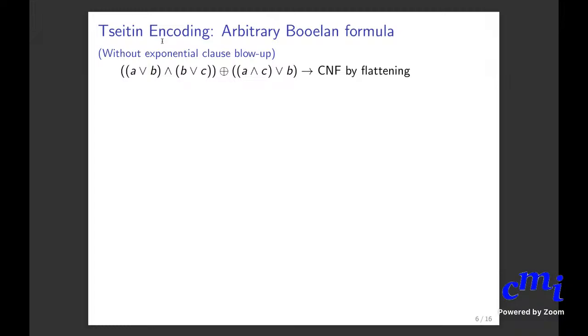Every time you push the negation one level, the number of clauses that you need will increase by 2. You can work it out yourself. So there will be an explosion.